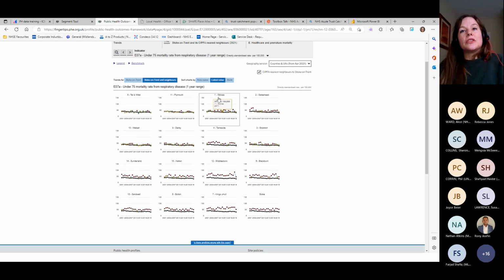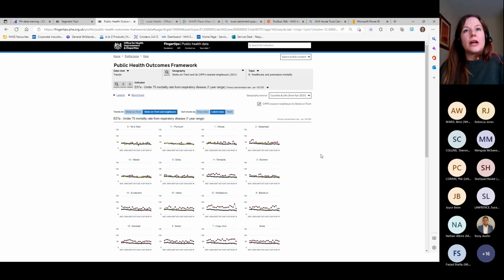So Wolverhampton is most like Stoke in terms of its population characteristics. And here we can see that Stoke, compared to all its CIPFA nearest neighbours, also has the highest rate for the latest value. So there are particular drivers within the Stoke population that are perhaps of interest for under 75s mortality.